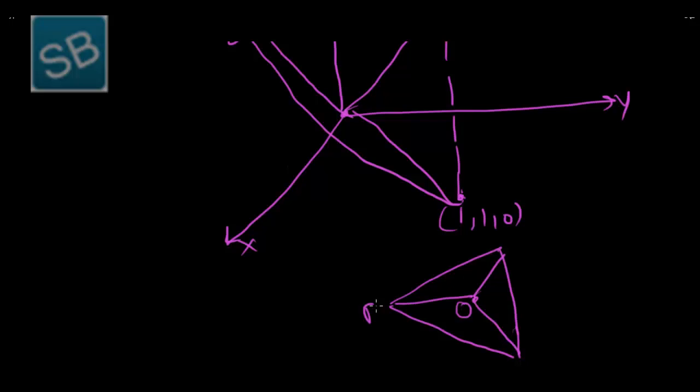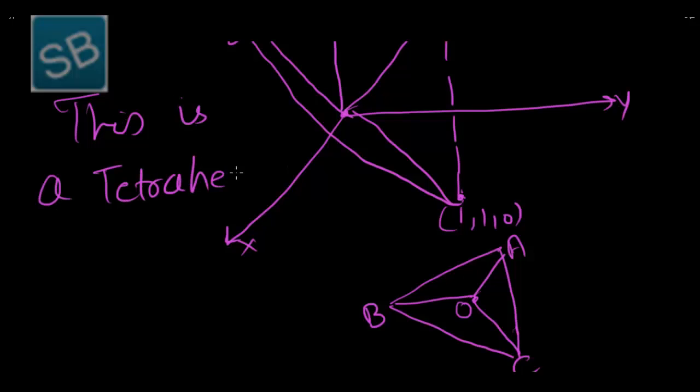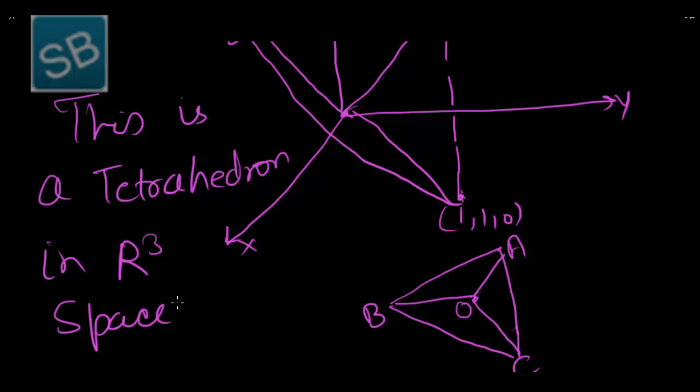That is O, B, C, A. That is a three-dimensional figure. So this is a tetrahedron in R cube space. It will appear like this. So this is our tetrahedron that is formed in three-dimensional space.